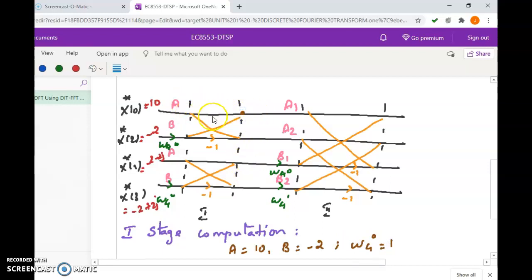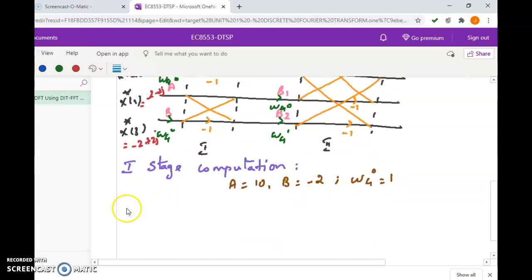Here the butterfly diagram answer is, here A is as it is, then B is multiplied with the twiddle factor with positive answer. So A plus B W40, then here one is A, that is multiplied with -1, so B into W40. Then substitute in this equation. First one is A plus B W40.